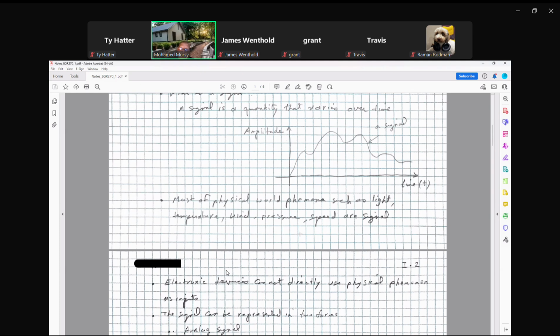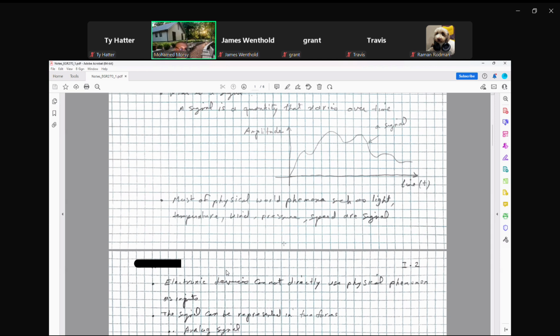But this voice cannot be applied directly as input to a system. We have to convert it first. So that's why we use the mic. The mic converts the voice to an electrical signal, and this electrical signal is applied to the input of the device.